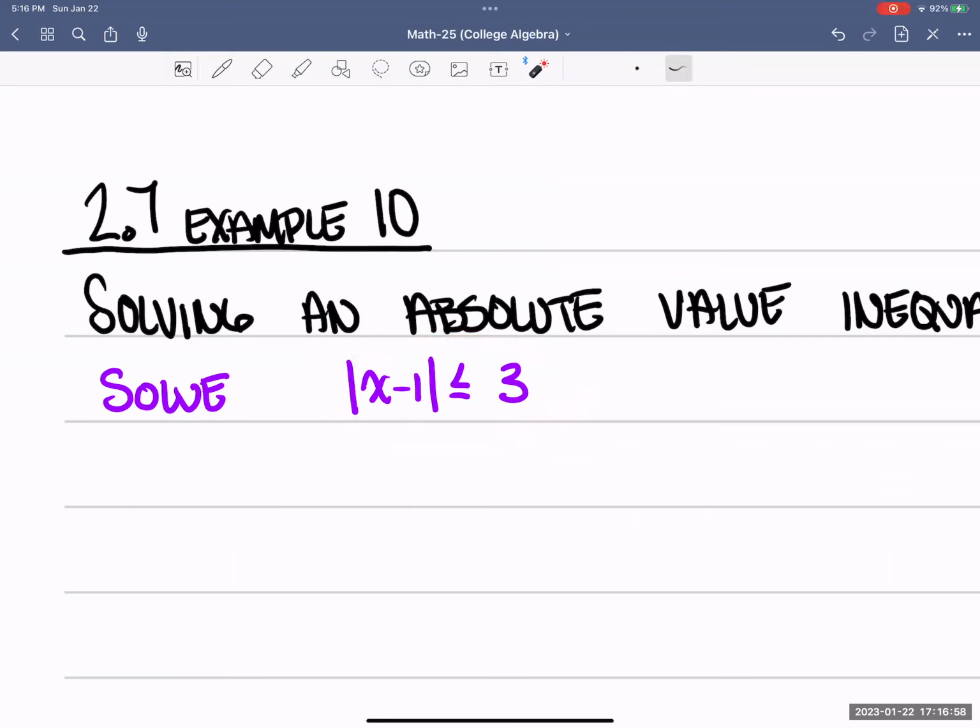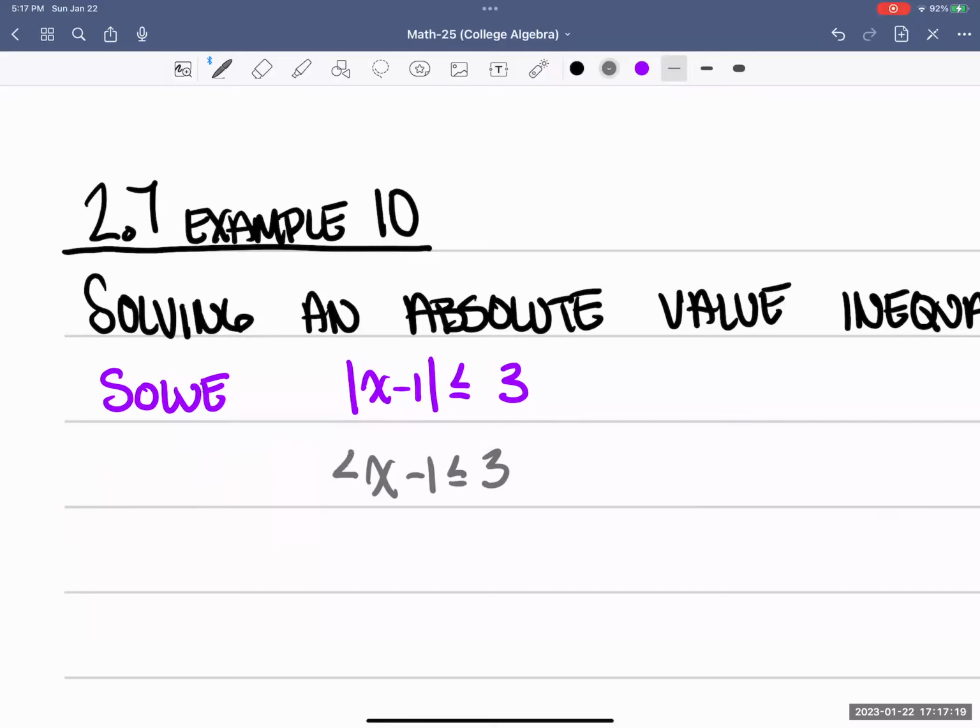For this one, what we could do is have it all under one equation, one of those three-part inequalities. We drop the absolute value: x minus 1 is less than or equal to 3, but we also need the negative version of this.